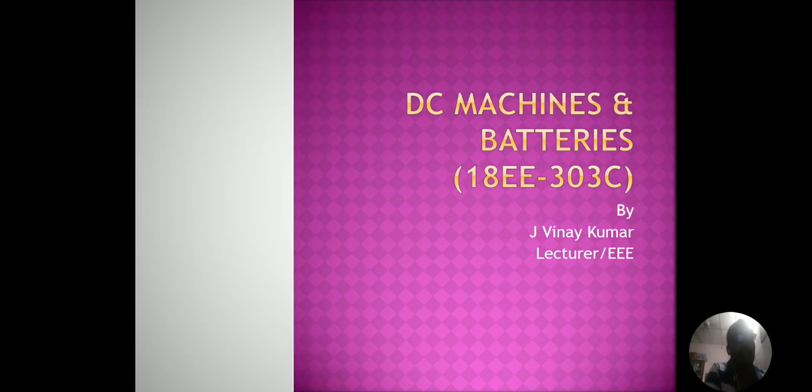The fourth unit is regarding the starters for DC motors and characteristics and applications of DC motors. The fifth unit is speed control of DC motors. The sixth unit is on batteries.